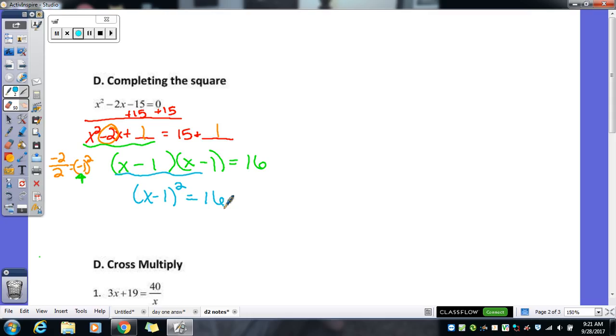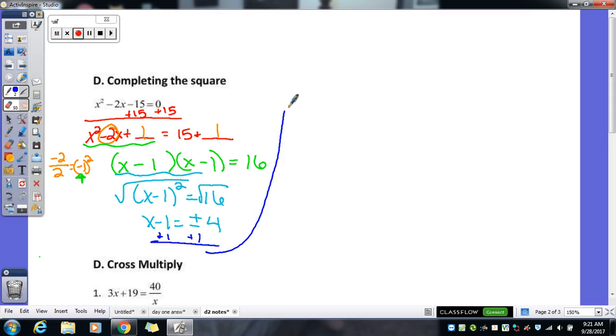Take the square root of both sides. So we just have x minus 1 on the left. On the right, we get plus or minus 4. And then we just have to add our 1 over. So we have x equals 1 plus or minus 4.